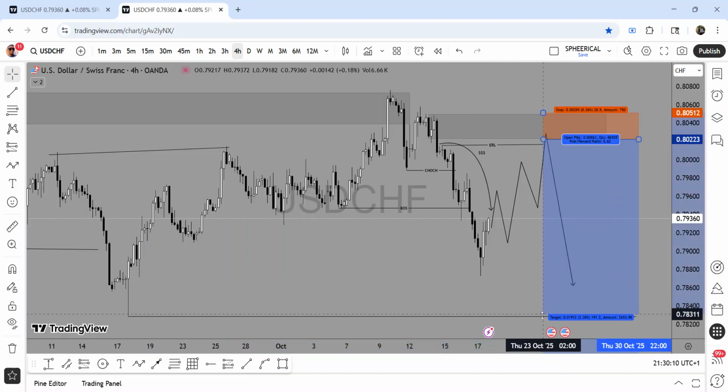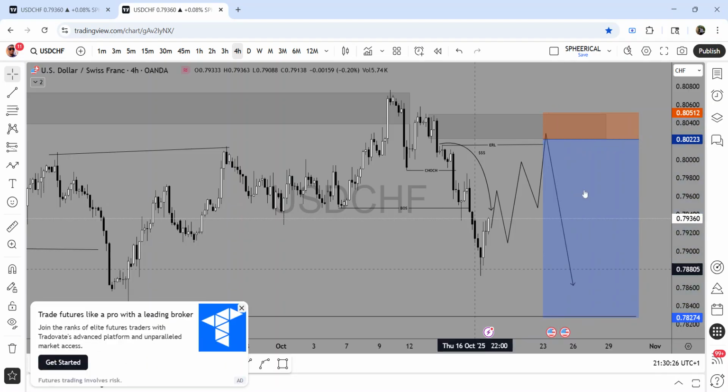This place will be our take profit. And that is a very, very nice swing trade, making 192 pips. This is actually 194 pips. So it's a very, very pretty trade.